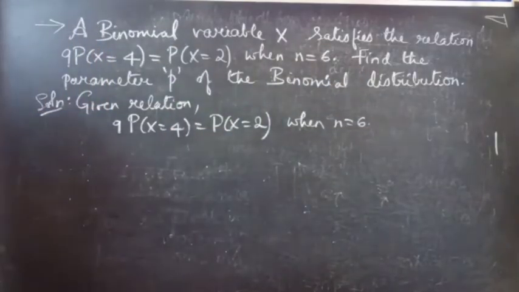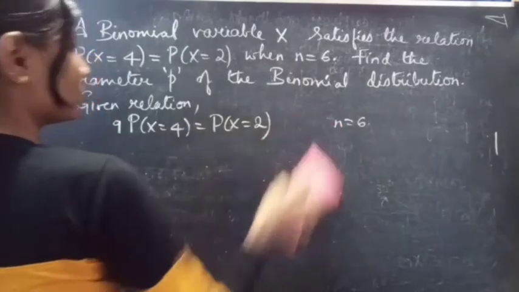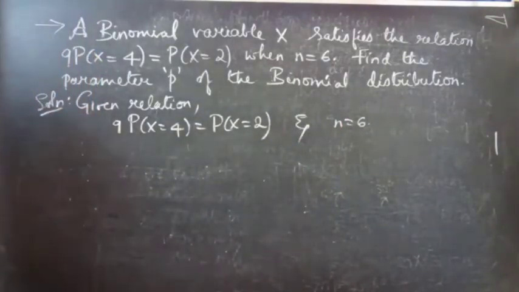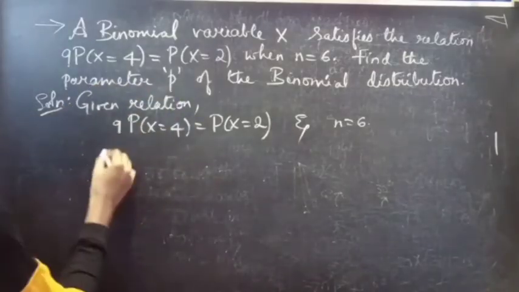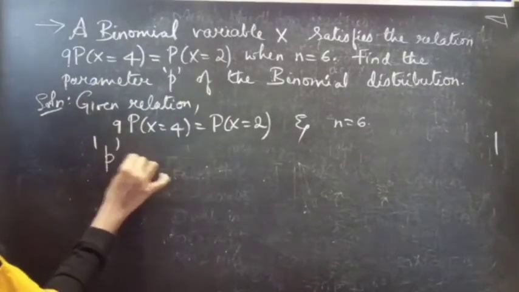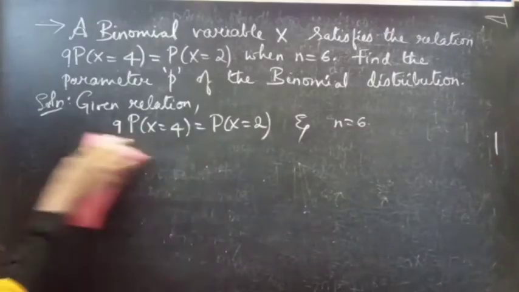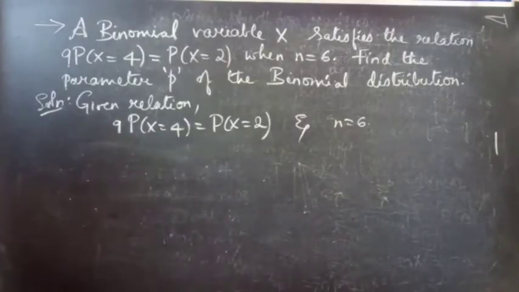So we are given n equals 6. Find the parameter p. So here we have to find p, the parameter p of the binomial distribution.